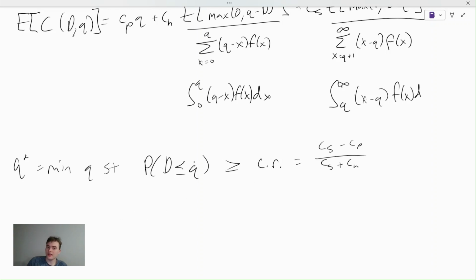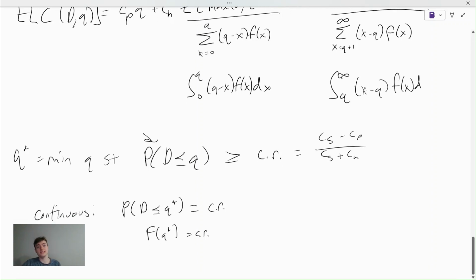Now all the possible values of this CDF are possible, everything between 0 and 1, so we can get the critical ratio exactly at Q star. So in the continuous case, there is some Q star such that the probability D less than or equal to Q star equals the critical ratio. That's the same as the CDF, F of Q star, equals the critical ratio for some Q star, and that's going to be exact.